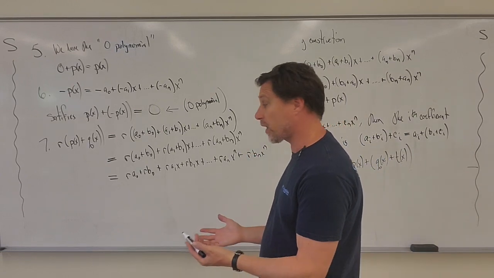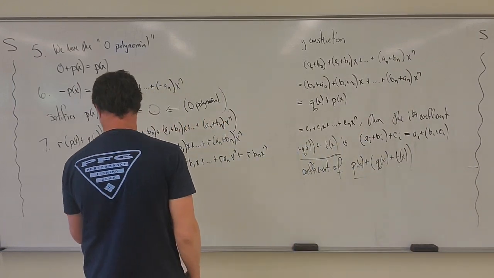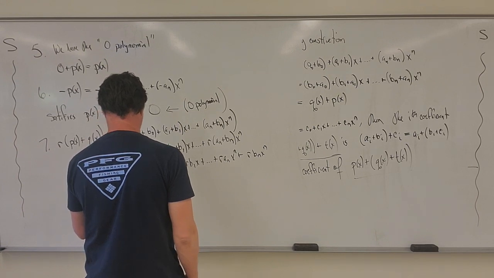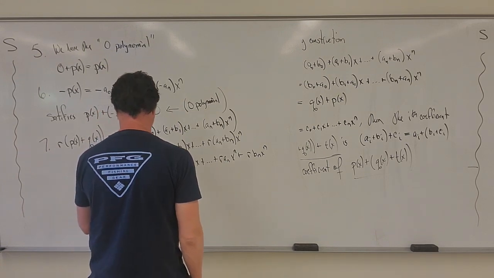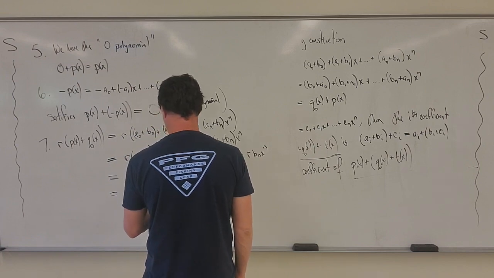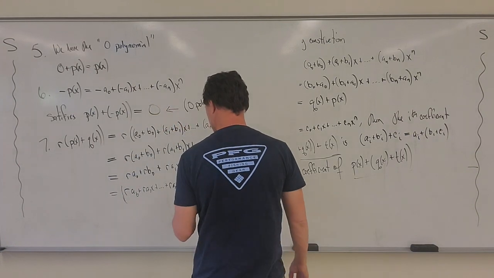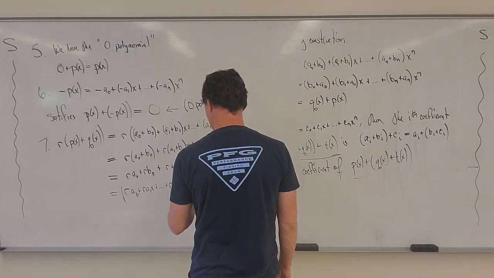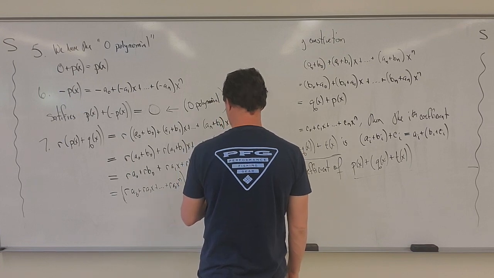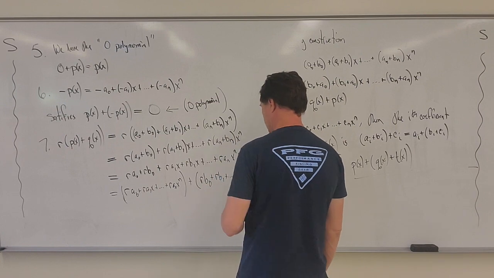And now if I join all the stuff that involves the a's in one place, what we'll have is r a0 plus r a1 x plus dot dot dot plus r an x to the n, plus r b0 plus r b1 x plus dot dot dot plus r bn x to the n.